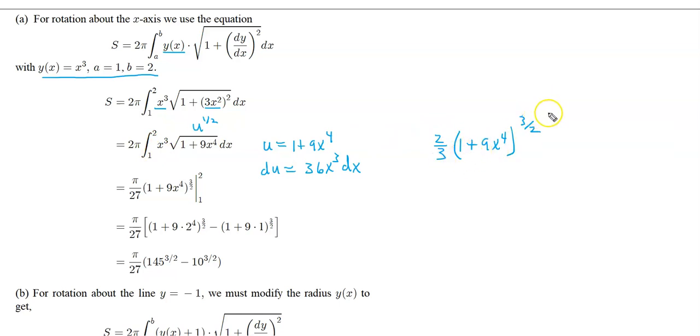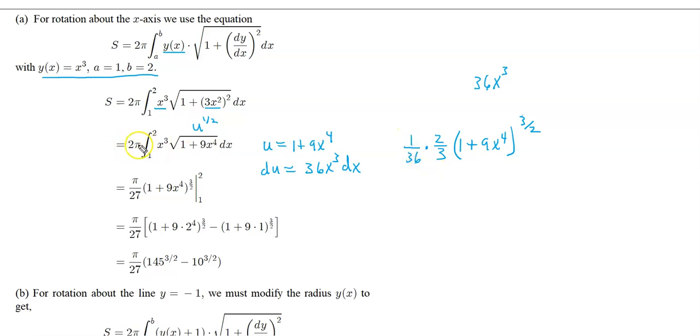Then we would subtract 1 from the exponent, and that would give us the square root. But then we would need to multiply by the derivative of the inside, which would be 36x cubed. That's what we would get when we differentiate this. So that would give us our x cubed, but it would also give us a 36. We don't want a 36, so we also have to multiply this by 1 over 36.